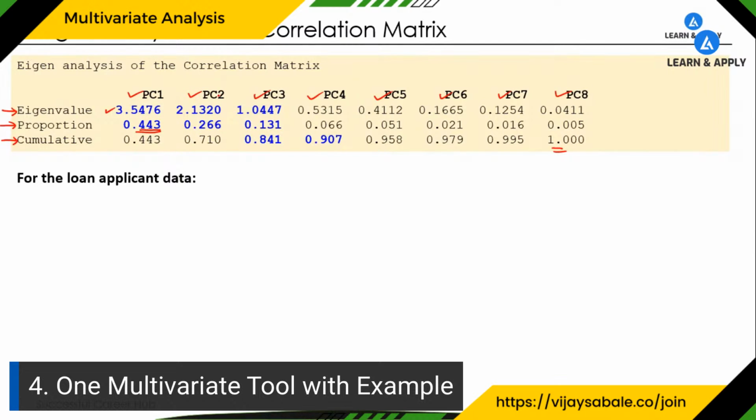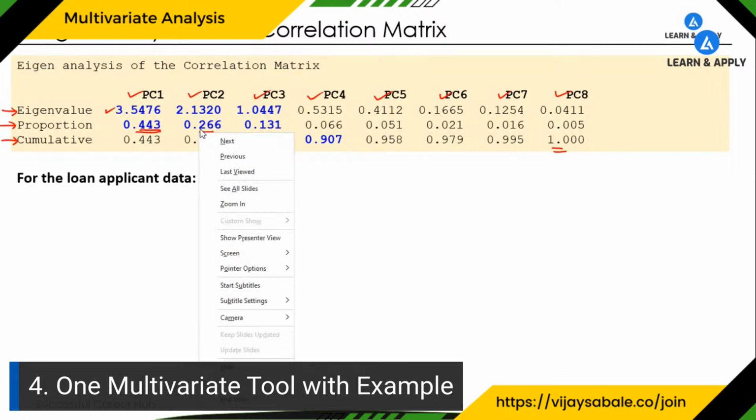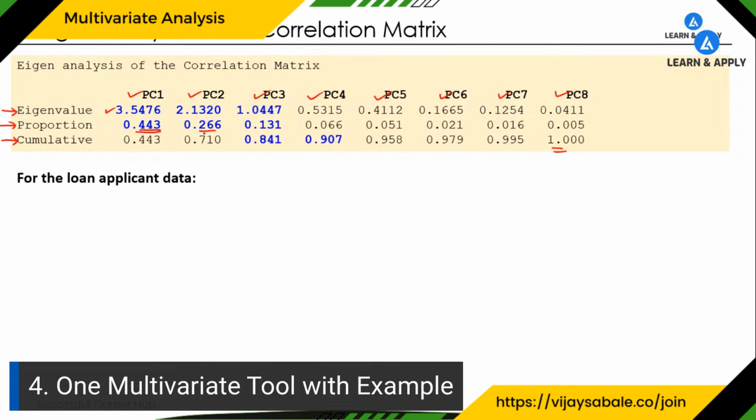If you go to principal component 2, its contribution is 26.6%, and its variance, or eigenvalue, is 2.1320. If you add principal components 1 and 2 together, they contribute 71%. Have we calculated this 71%? 44.3 plus 26.6 comes to 71.